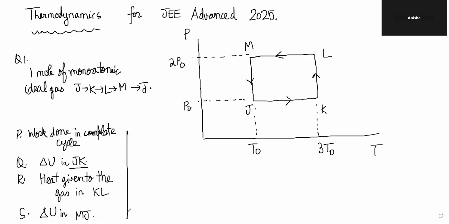And on the other side are basically answers. You have to match which one is which one. Some of the answers are RT0, minus 4 RT0 ln 2, 0, 3 RT0, minus 2 RT0 ln 2, and minus 3 RT0 ln 2.